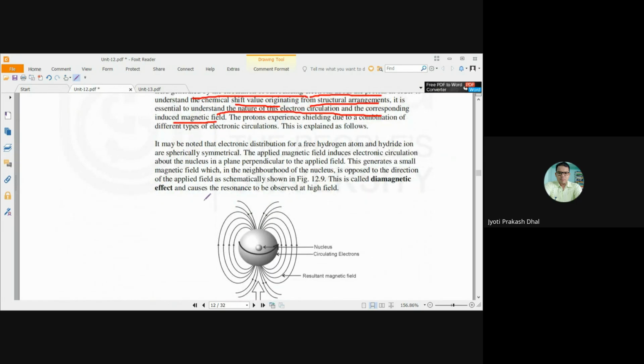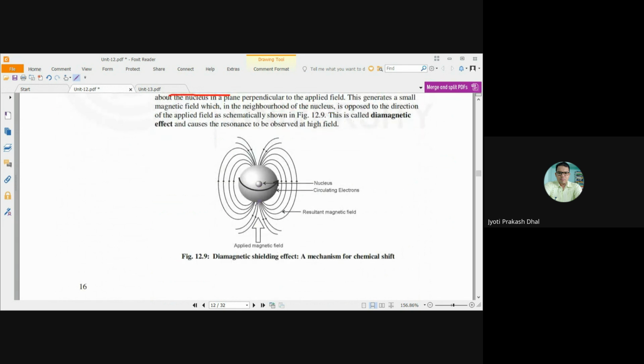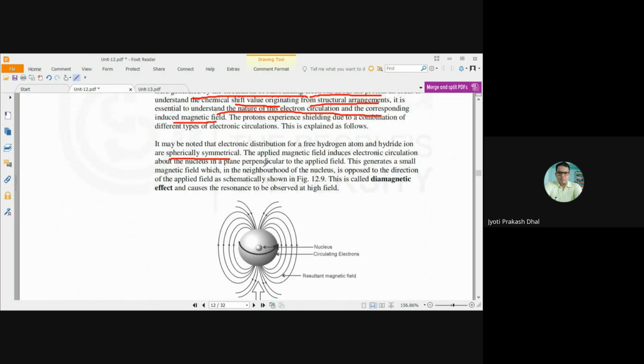In which case will the proton experience shielding? It may be noted that the electronic distribution for a free hydrogen atom or hydride ion is spherically symmetrical. The applied magnetic field induces electronic circulation around the nucleus in a plane perpendicular to the applied field.